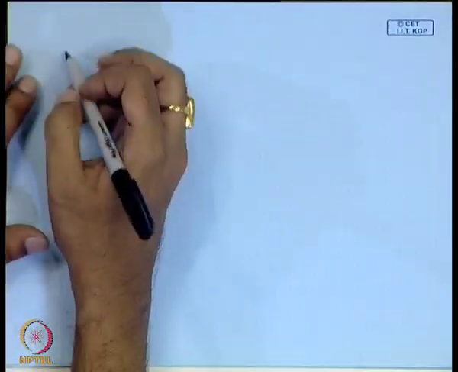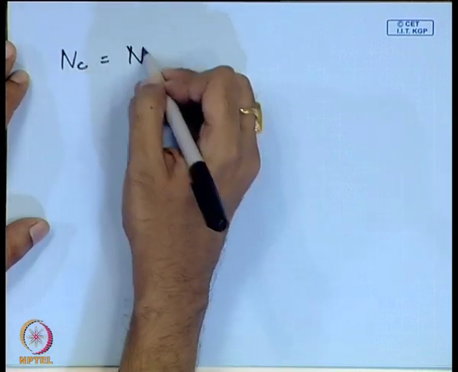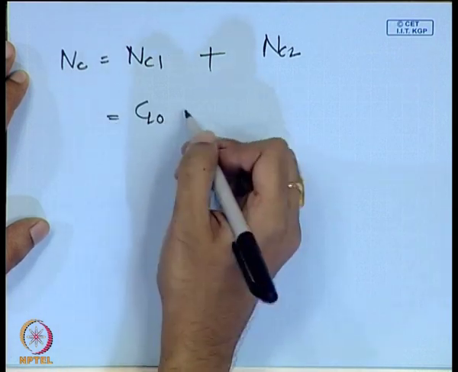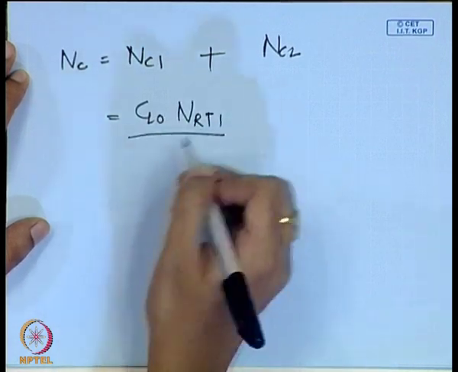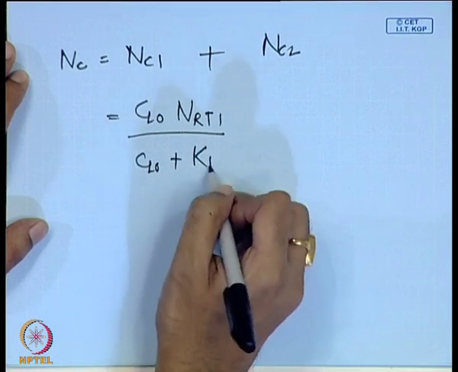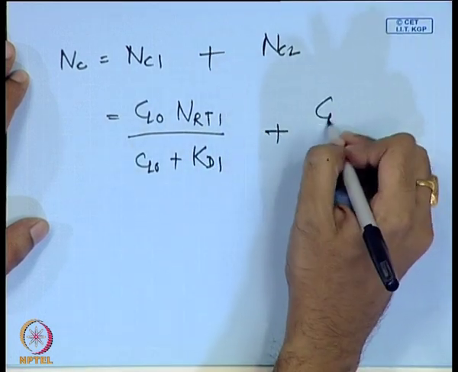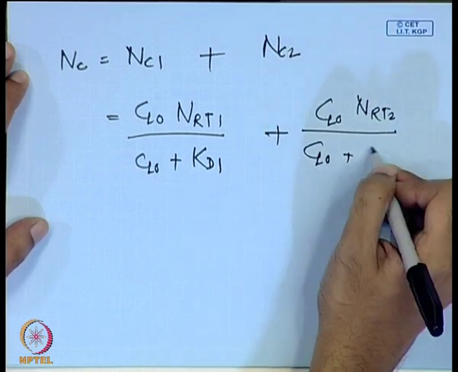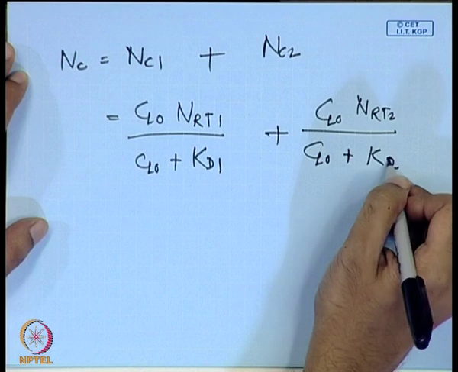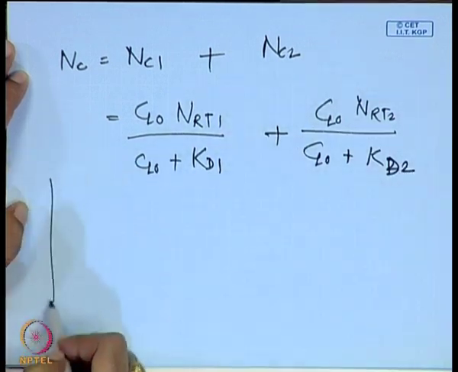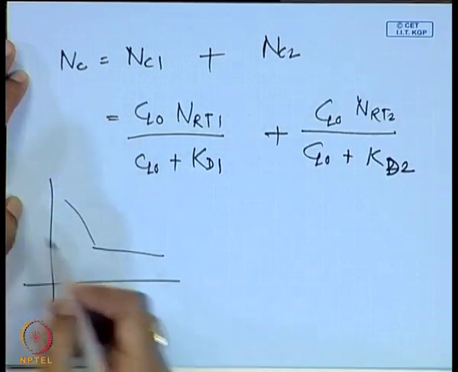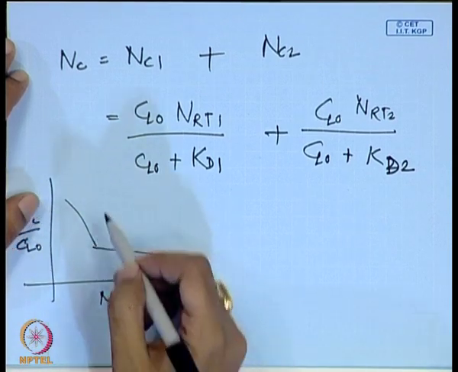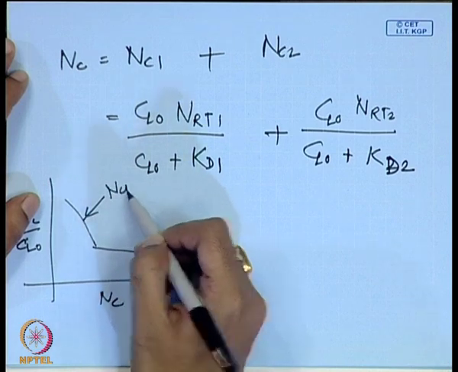So what do we do now? We have our equation NC equals NC1 plus NC2, which equals Cl naught nRT1 over Cl naught plus Kd1, plus Cl naught nRT2 over Cl naught plus Kd2. Now, for the first part of the plot, NC over Cl naught versus NC, this NC that you get over here is essentially NC1.